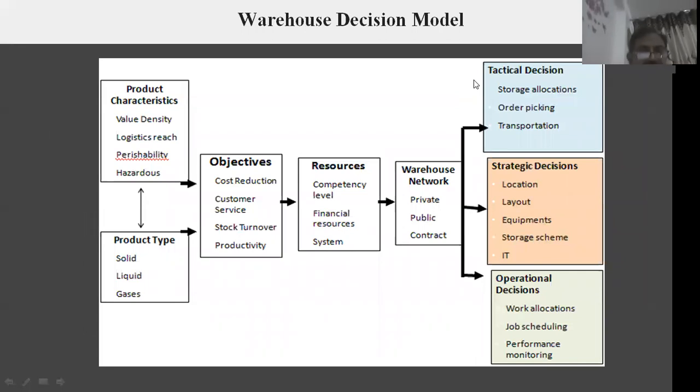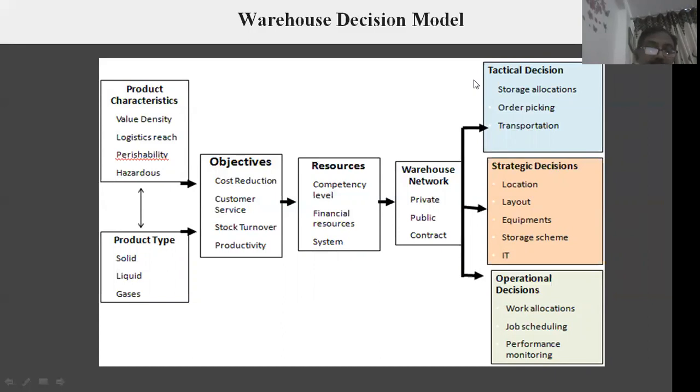So let us discuss one warehousing decision model. In this model, our warehousing decision depends on the kind of product, value density of the product, logistics reach, perishability, hazardness. Also, it depends on the state: solid, liquid or gaseous product.